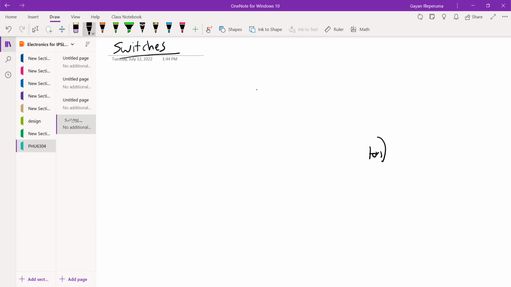The first type we have is called the toggle switch.